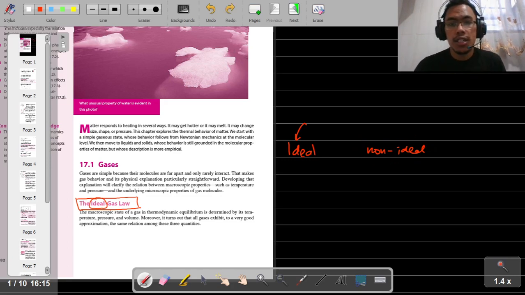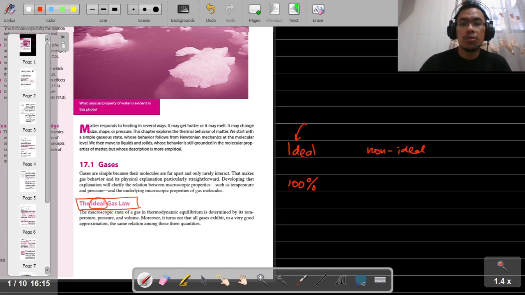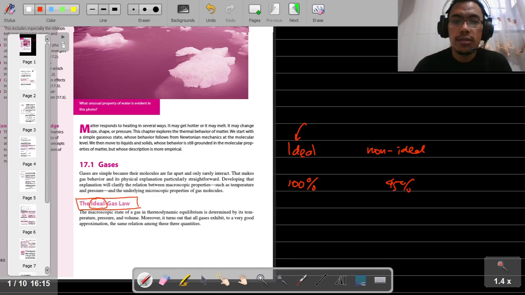Let's say some people say that the ideal condition is 100% of the situation, and when we have non-ideal, let's say from the calculation we got 45%, then we know how far the non-ideal situation is compared with the ideal situation.